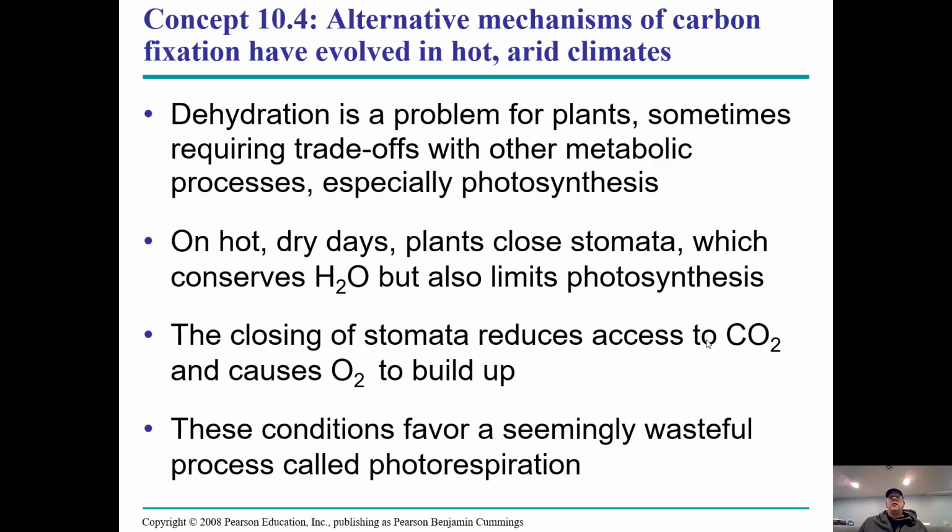Sometimes, though, plants have some problems, especially if they're in warm climates. When it becomes really hot out, the plants have these holes in their leaves called stomata, and the cells to the left and the right of the hole are called guard cells. When it gets hot out, those guard cells close up.